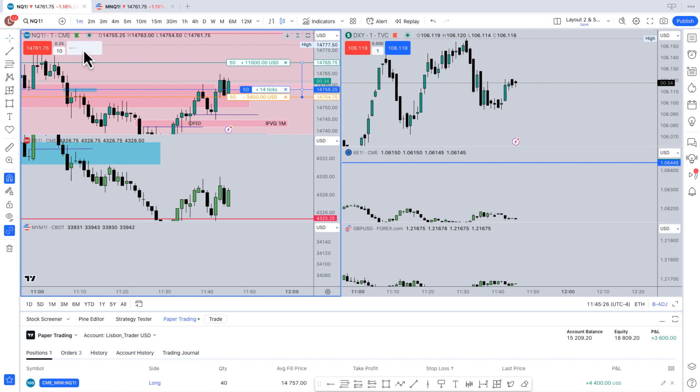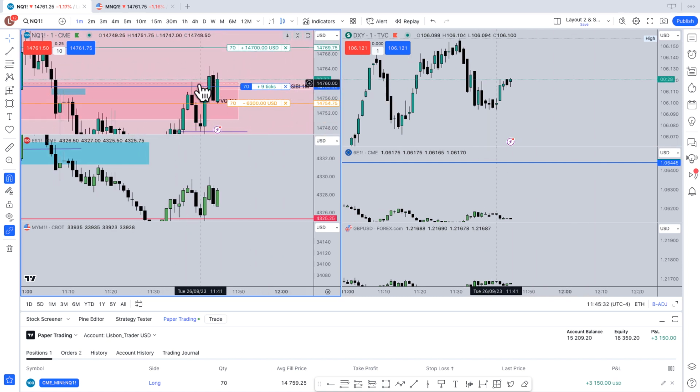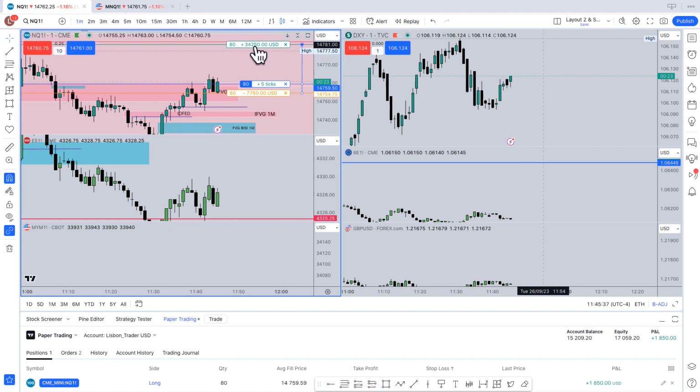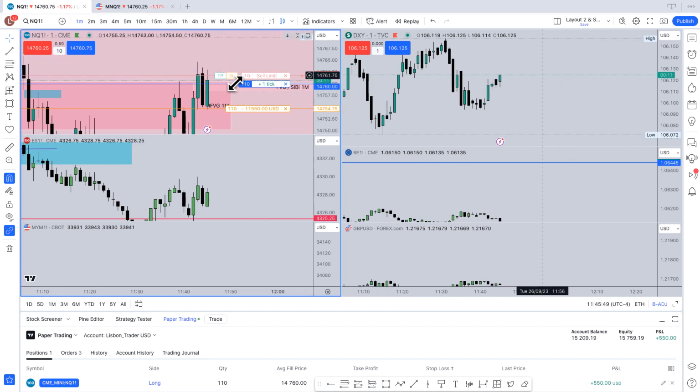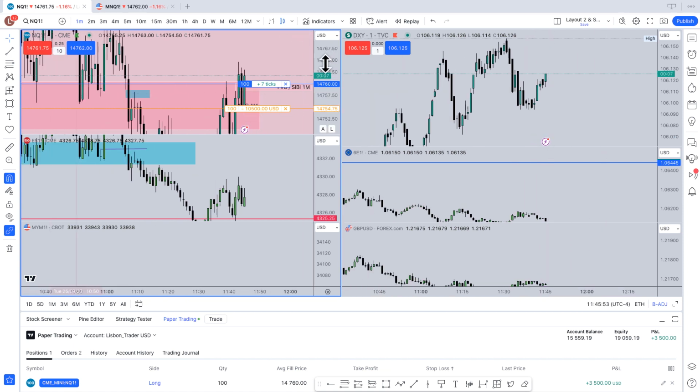So now we have a clear bullish order block before pushing it higher. So let's just risk 10K right here. Did a little bit too much. Okay, now it's at 10K.